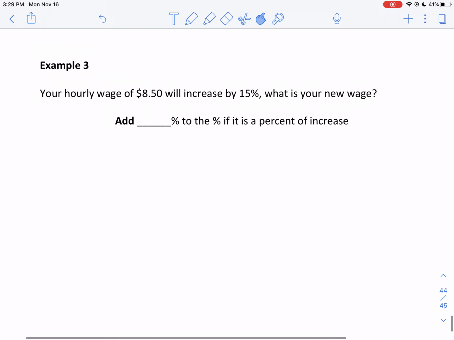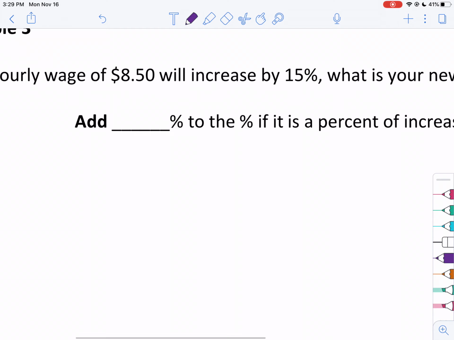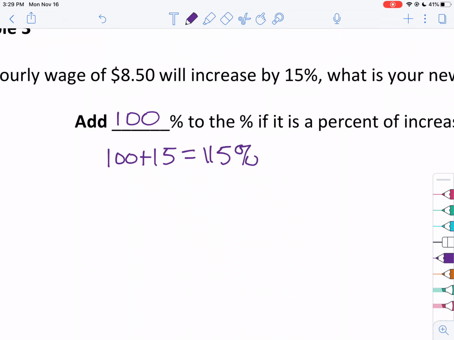So on a question like this, we have to add 100% to the percent. Okay, if it's an increase, so we want to do 100 plus 15 equals 115%, or if we write it as a decimal, if you need it as a decimal, but I don't think we will.